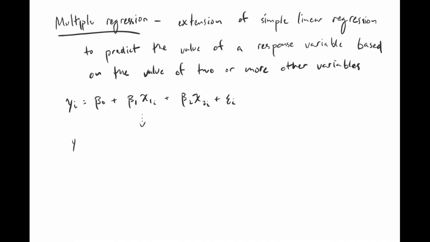So your equation ends up looking something like this: beta 2 x2 i, and generically, something like n terms, so beta n x n i plus epsilon i.